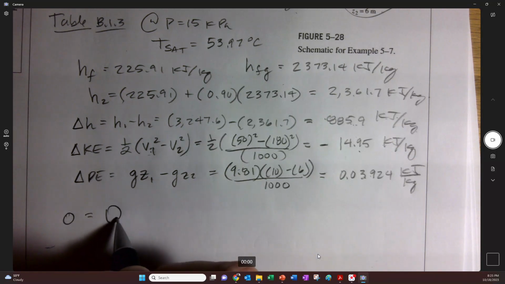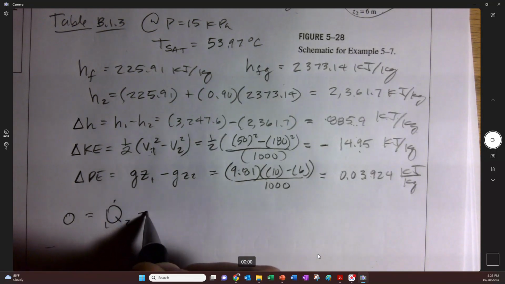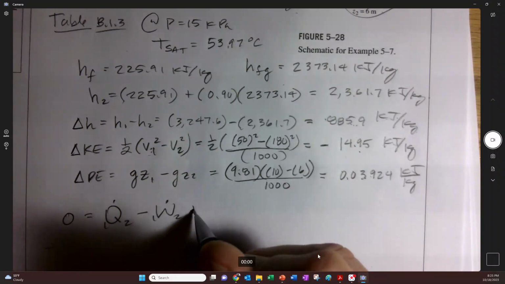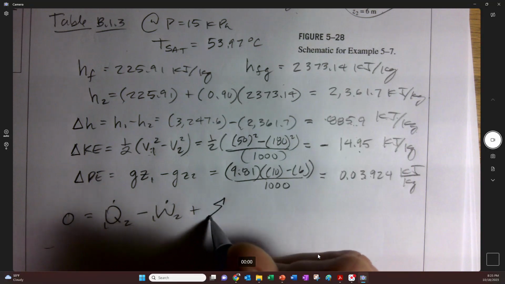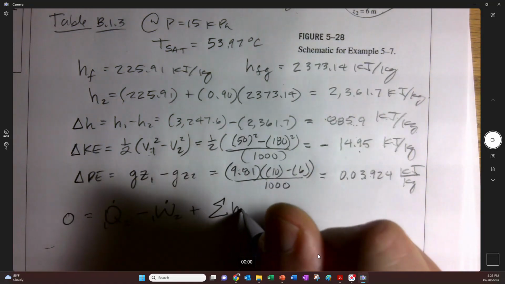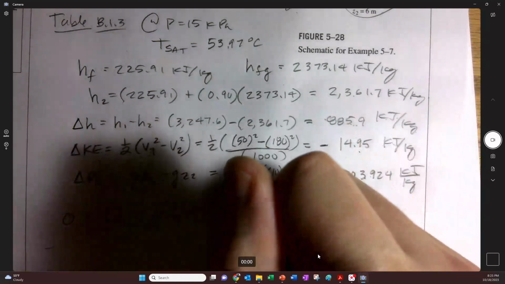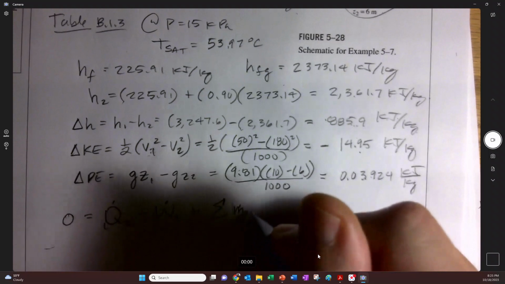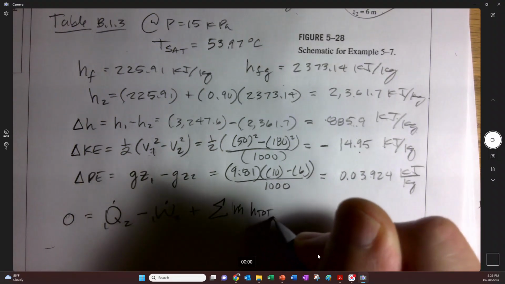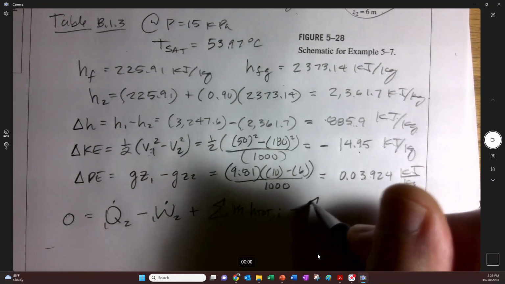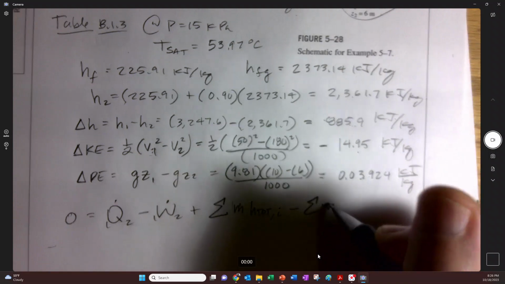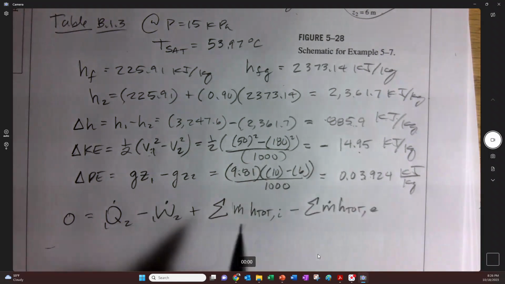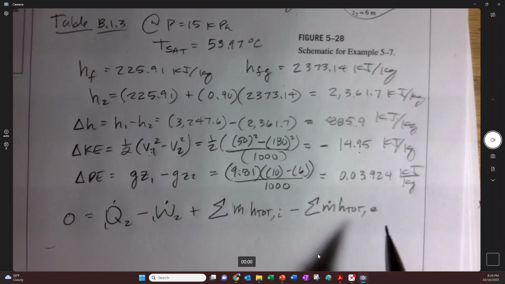It equals Q dot minus work dot, plus the summation of m dot h dot at the inlet minus the total summation of h dot at the exhaust, outlet, exiting, whatever you want to call it.